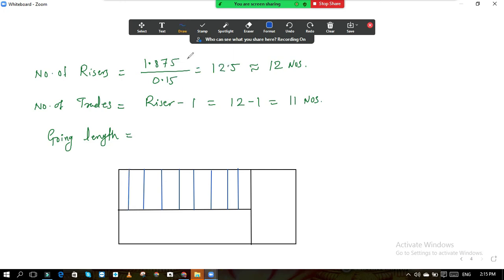Now see, the dimension of this is already given. This is 5.5 meter and 3.5 meter. This dimension is given as 3.5 meter, already given in the numerical.